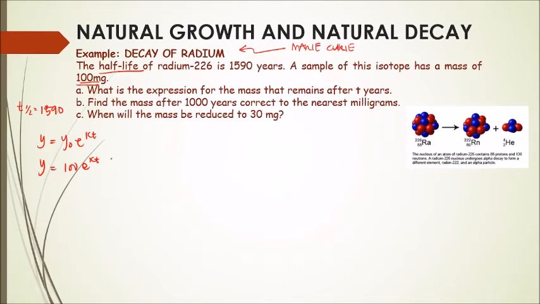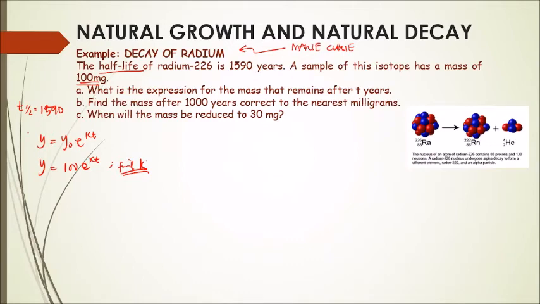So this is actually not yet complete, we need to find k, because our equation cannot be formed completely. So we need to find k first. Now to find k, we utilize the given initial values.